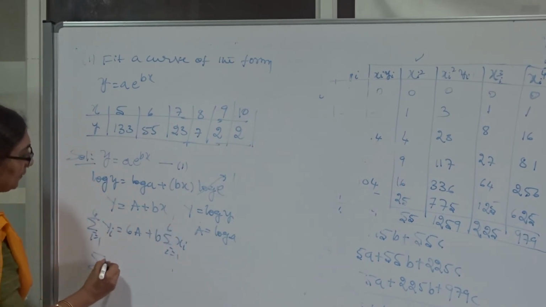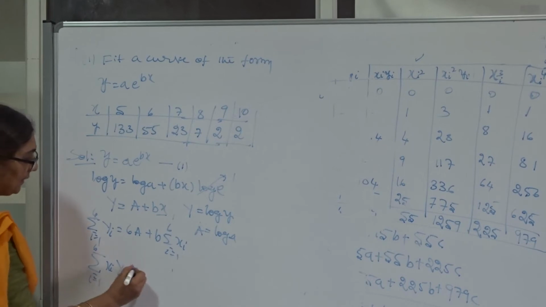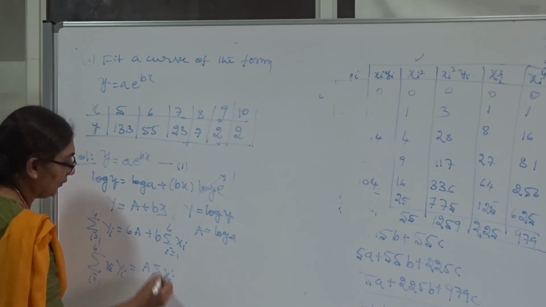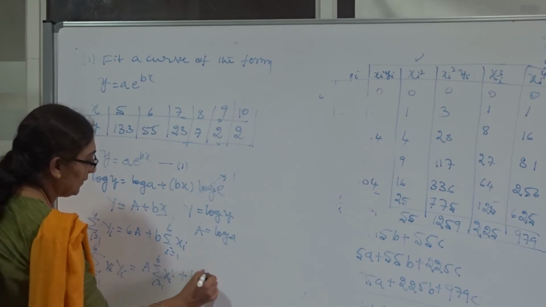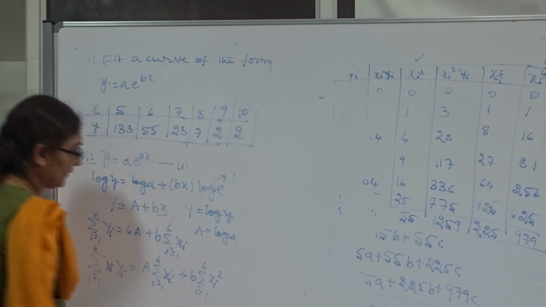And then another normal equation is sigma xi yi, because I have to multiply by x, i from 1 to 6, equals a into sigma xi for i ranging from 1 to 6 plus b into sigma xi square for i ranging from 1 to 6.